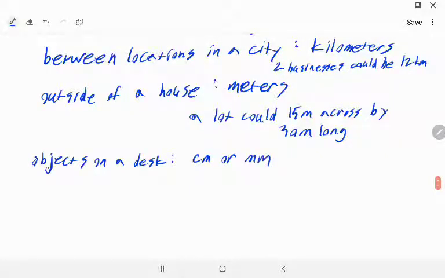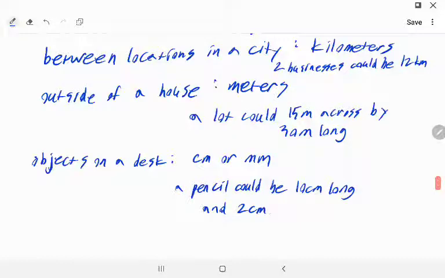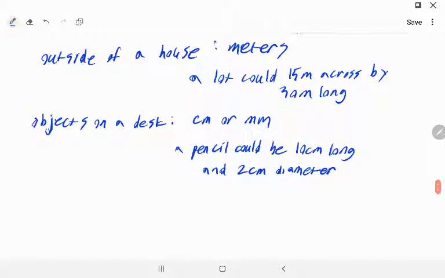We notice that a pencil could be 10 centimeters long and 2 centimeters diameter. We might have a bead that could have a diameter of 8 millimeters.